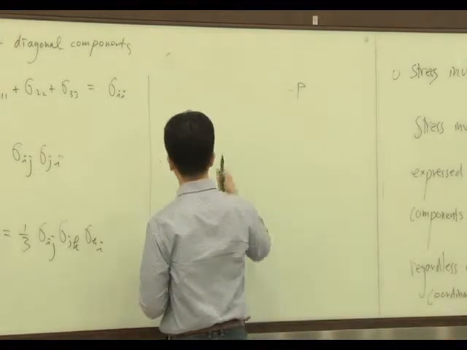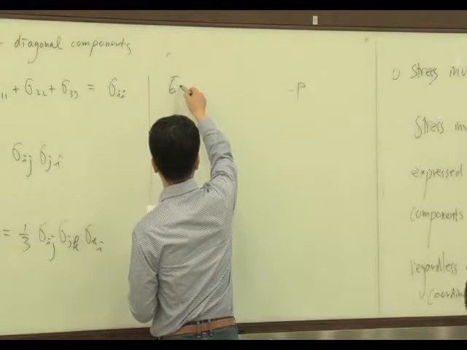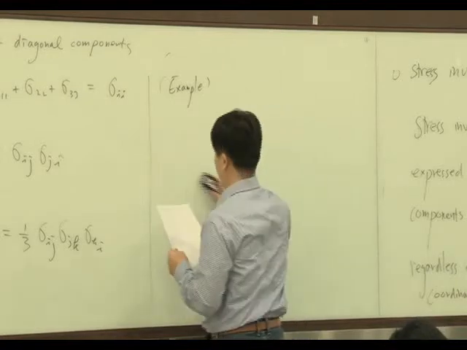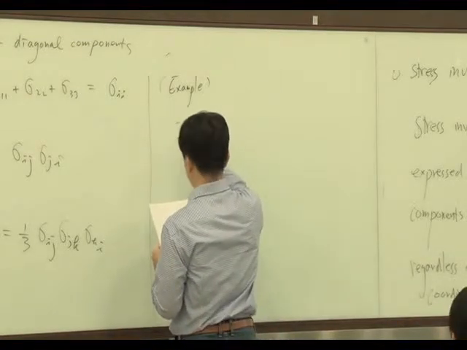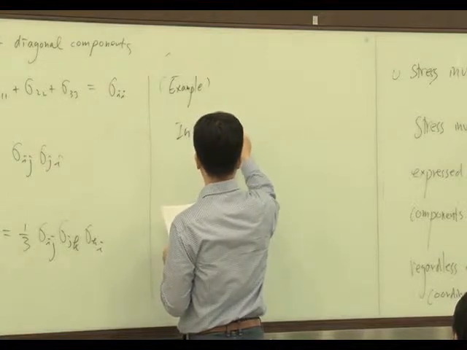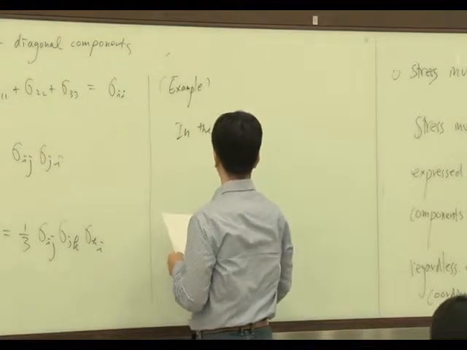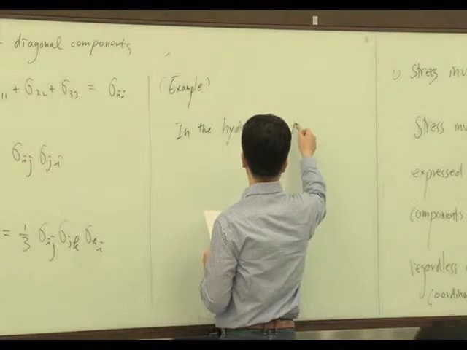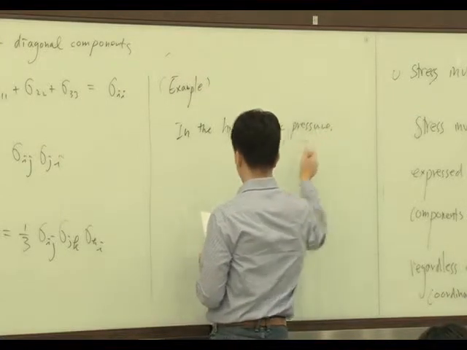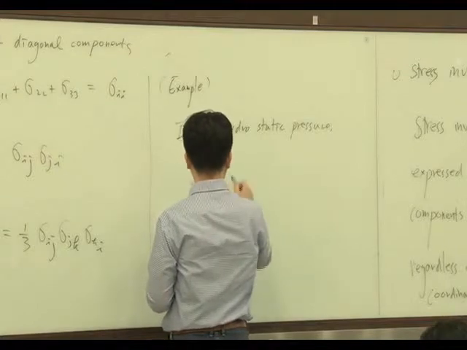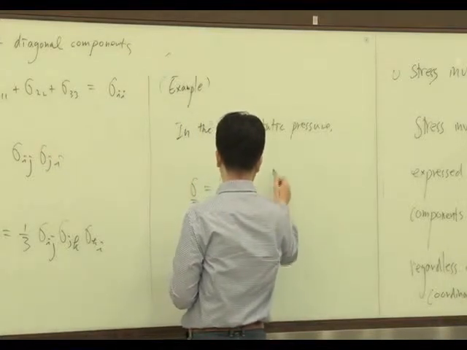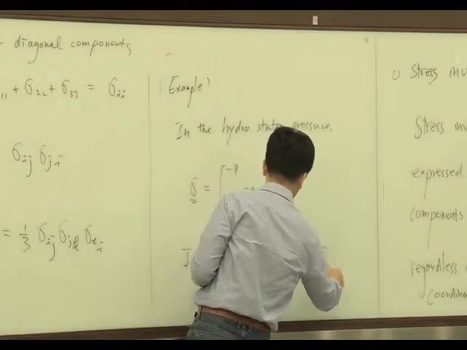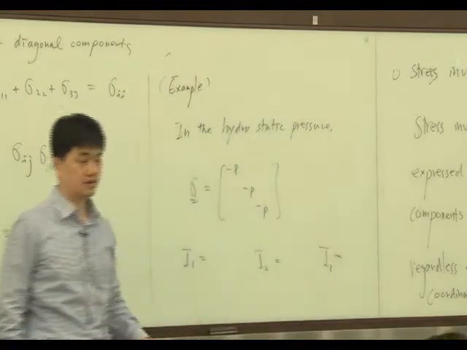So, an example. In hydrostatic pressure, the stress becomes minus P, minus P, minus P. So you can find I1, I2, I3.